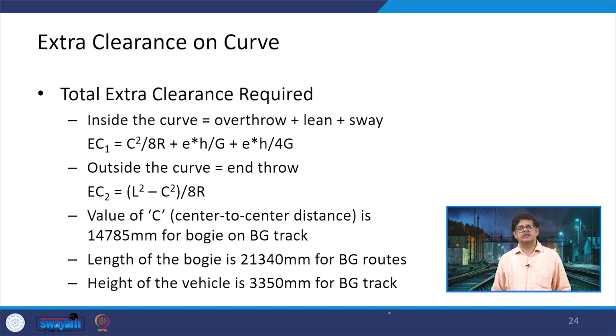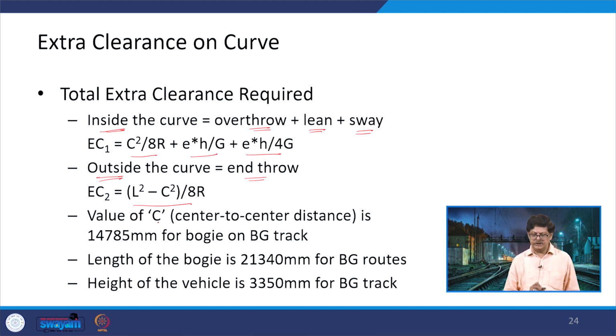So, the total extra clearances required, if we are talking about the inside of the curve, because of overthrow, lean and sway: overthrow is c square divided by 8r, lean is E into h by g, and the sway was 1/4 of that, that is E into h divided by 4g. In terms of the outside, it was only the end throw, and that is L square minus c square divided by 8r.